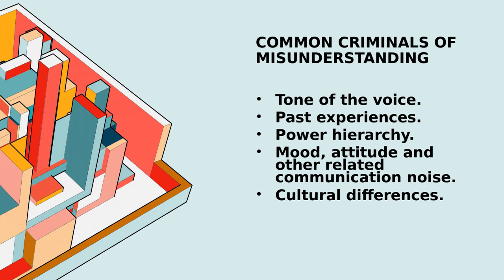So oftentimes, you might have friends or relatives and you say something and they tell you, oh, don't shout. And then you start to excuse yourself and say, but I don't shout, I just talk. And then they feel offended. So that is the case of the tone of the voice.